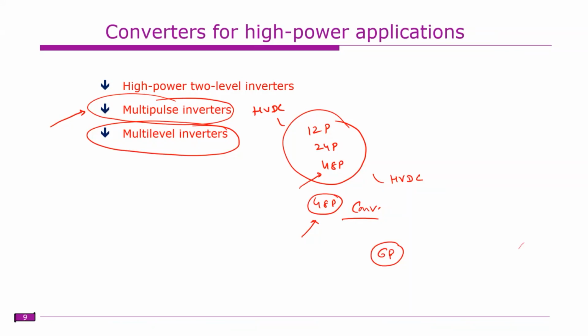How many 6 pulse converters are required to realize a 48 pulse converter? It is there in the APC course also, no? Have you discussed that? Eight, sir. 8, right? Yes, sir. Okay.